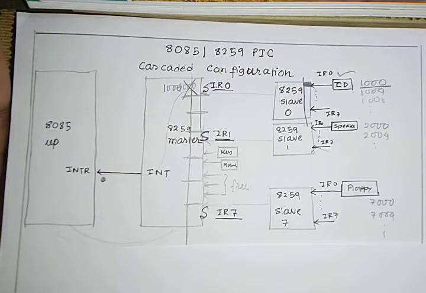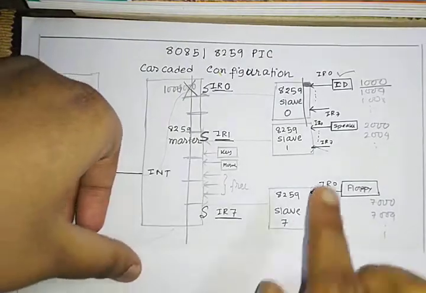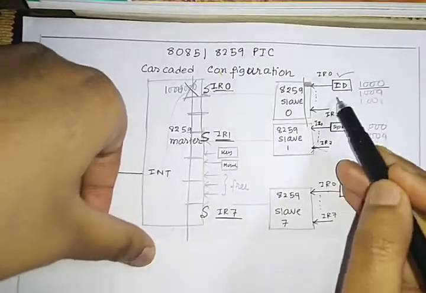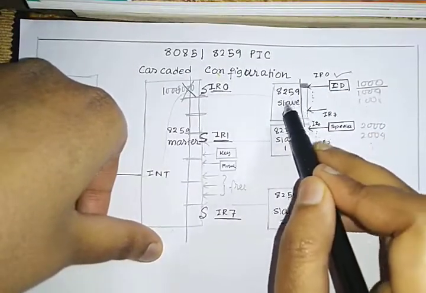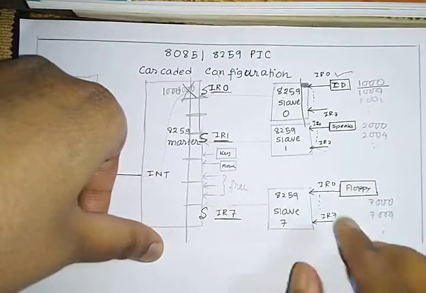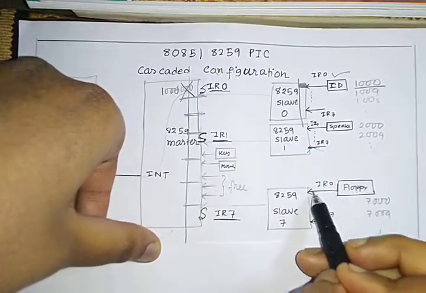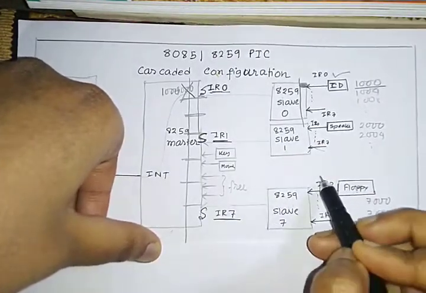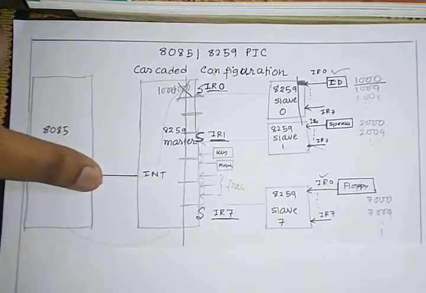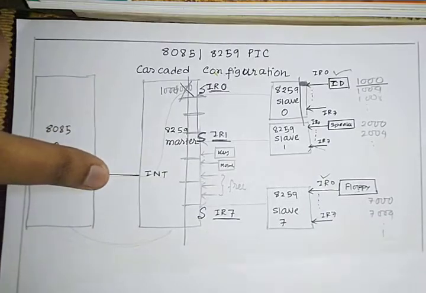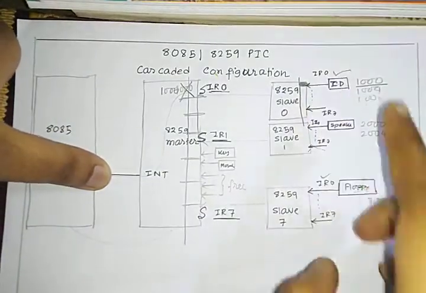Clear? Now what happens? Suppose in this case, I have an interrupt CD which is on IR 0. I have just produced the signal. In this case, I have a floppy disk on IR 0. For this slave, it is on the highest priority. It produced the signal. So now the MPU will receive two signals. First one is from this one.